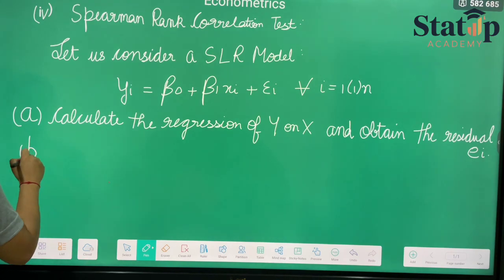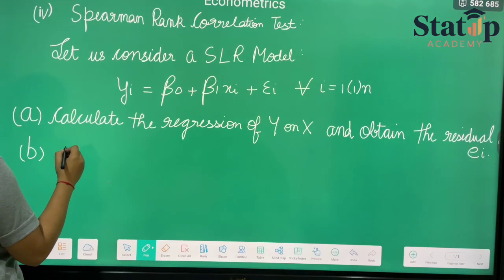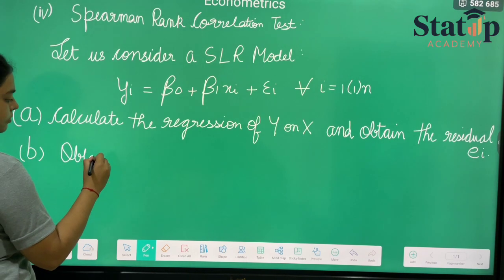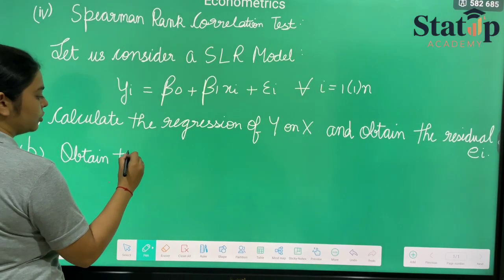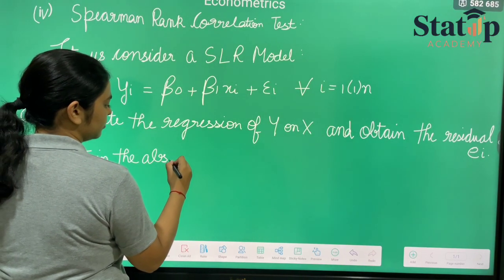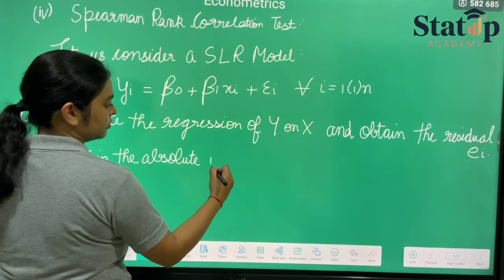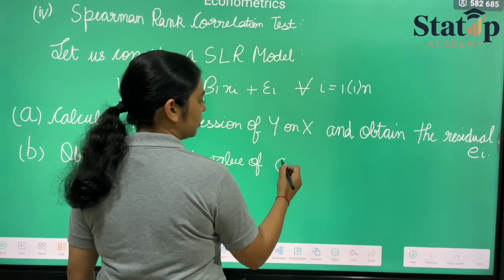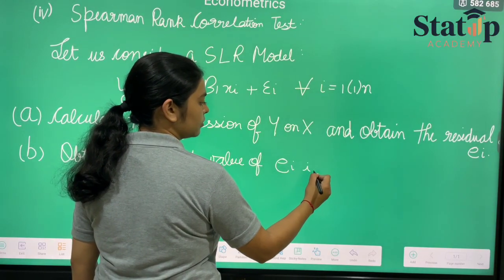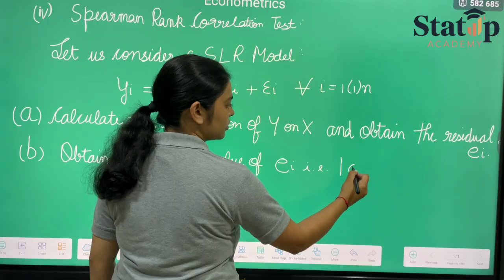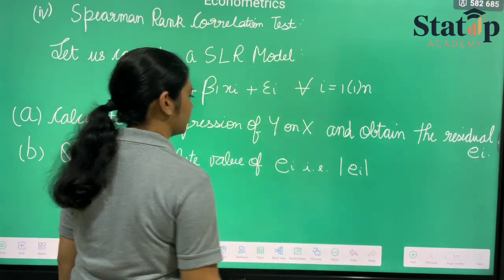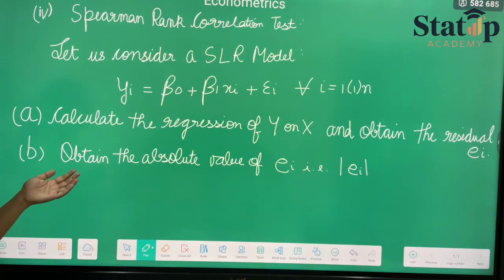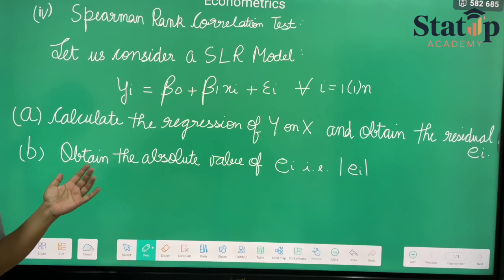The second step is to obtain the absolute value of ei. Firstly, we have to calculate the regression of y on x and obtain the residual ei, and second step is to calculate the absolute value of ei.